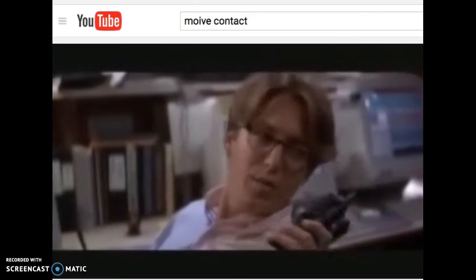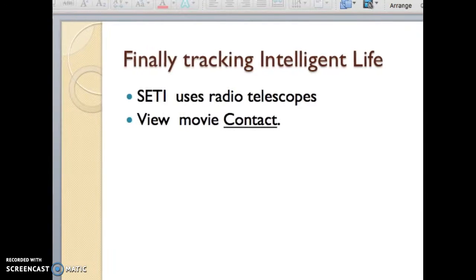So if you haven't watched the movie Contact with Jodie Foster, you really should. It's a very exciting movie, and it has to do with a lot of radio telescopes.